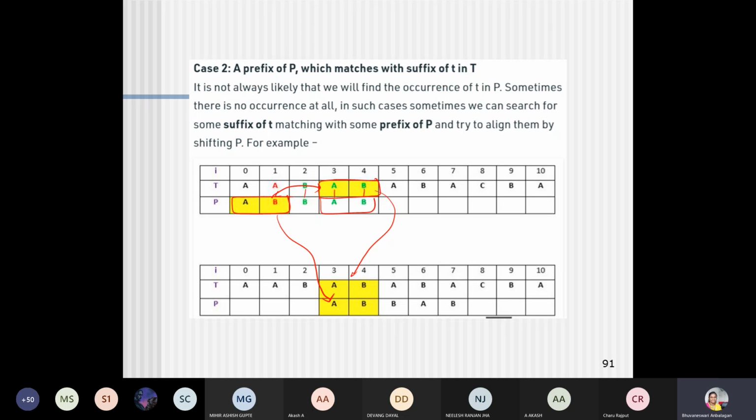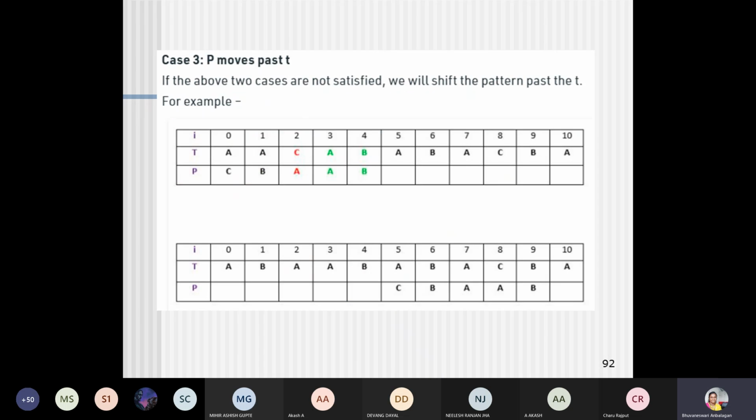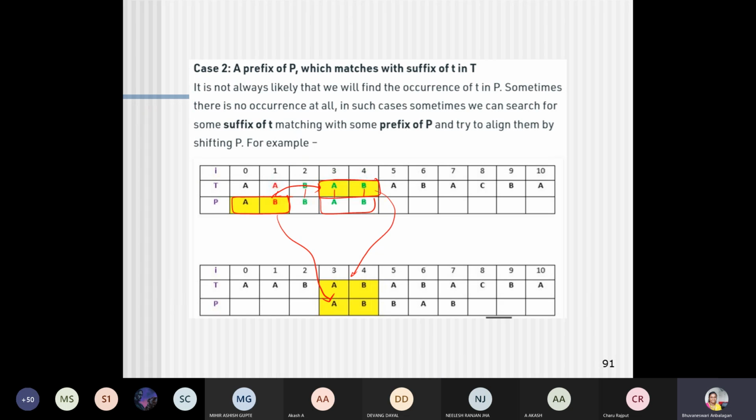In this way you will be shifting your pattern so that it is aligned with the sub pattern you can identify in the text, and you can find the search. This is a very interesting algorithm. I think even in our lab we can try it.